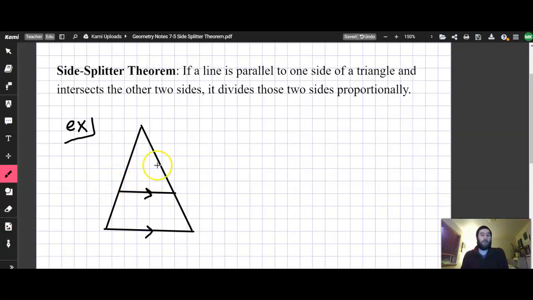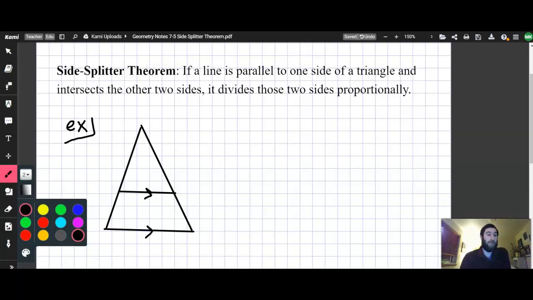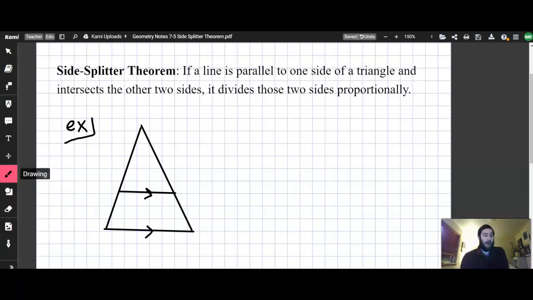Here, the sides that are intersected actually are cut proportionally to each other. Just like we've talked about with scale factor, we have this smaller triangle up here, and we have the larger triangle, which is the whole thing. And usually that's how we tackle these kinds of problems, right? We solve it based off of the big triangle and the little triangle.